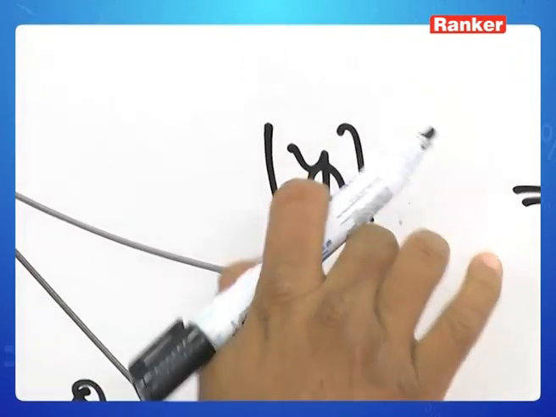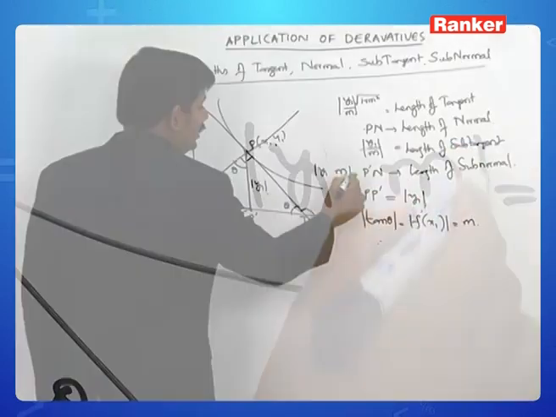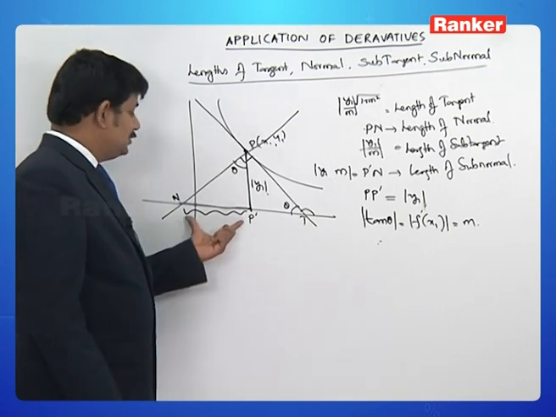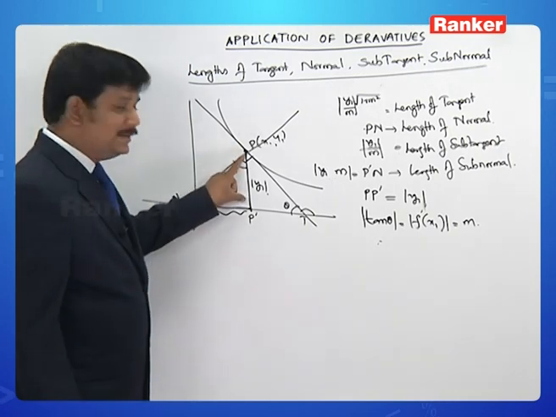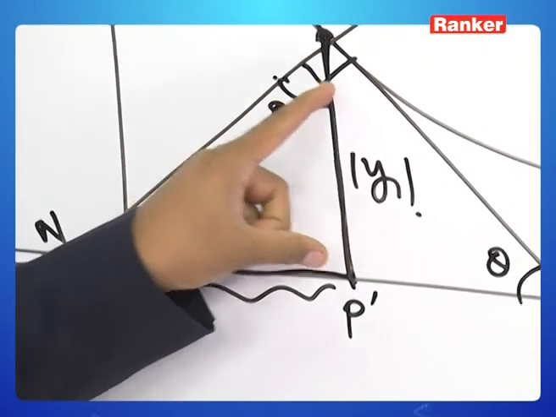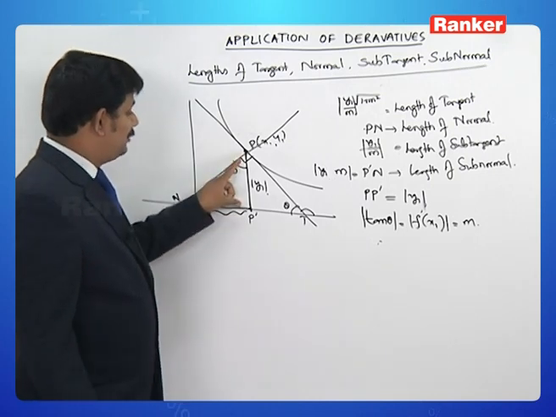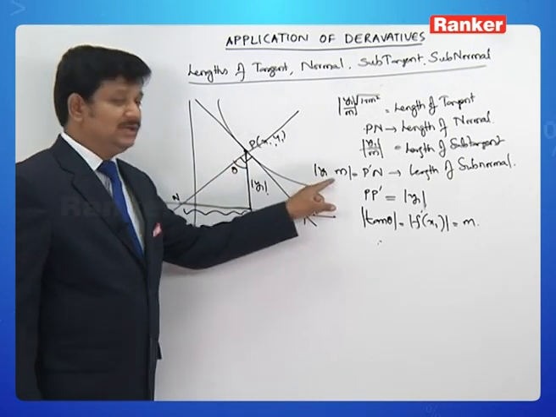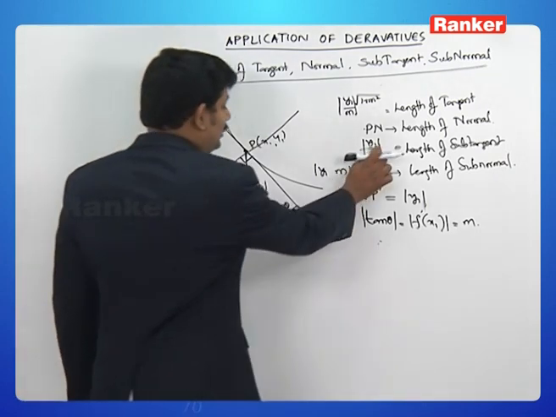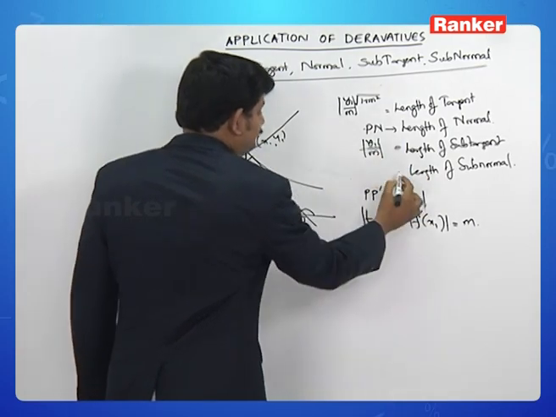Tan theta we called m in this case. So it is mod y1 into m. Opposite side to theta divided by adjacent side will be tan theta, so opposite side is adjacent side into tan theta. So P'N, our subnormal, is given by mod y1 into tan theta, which is mod y1 into m. So length of the subnormal is equal to mod y1 into m.